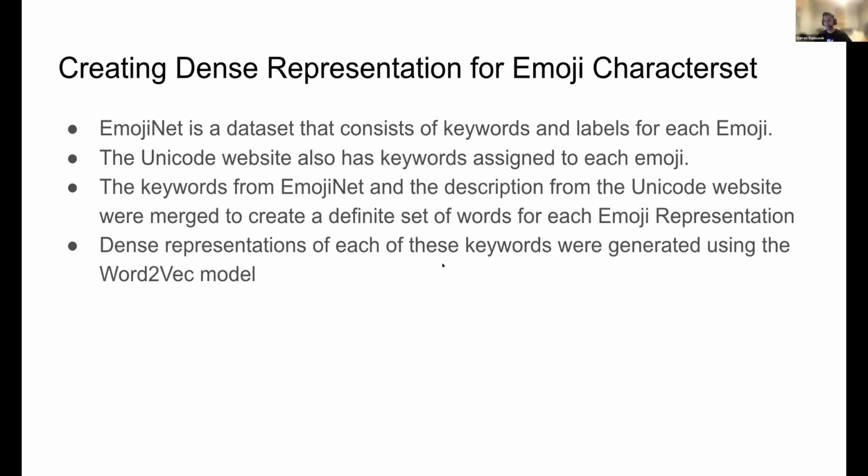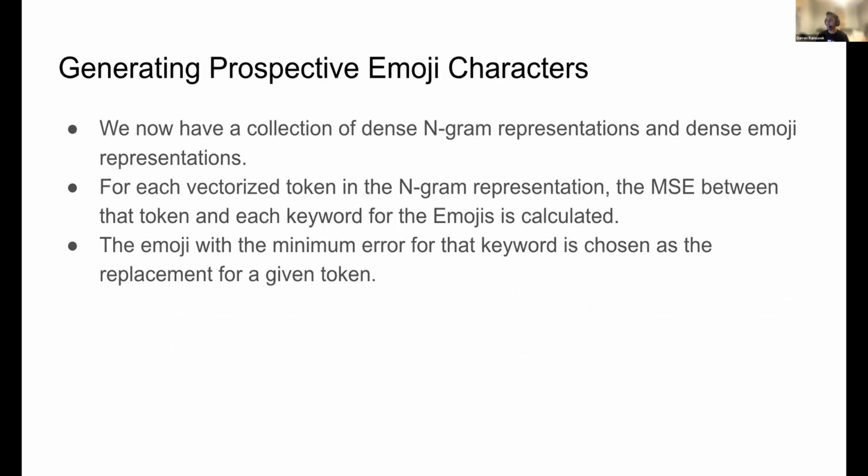So now we have numerical representations of the tokens of the sentences and also the description of all the emojis. So it gets a little easier now. Now we just have to find a way to choose what emojis, given some loss score, to assign to different tokens.